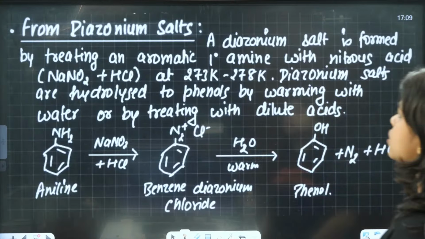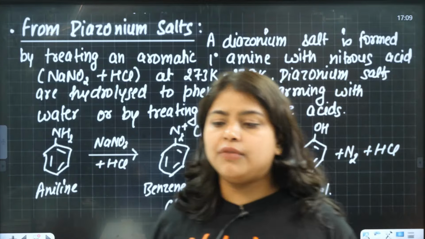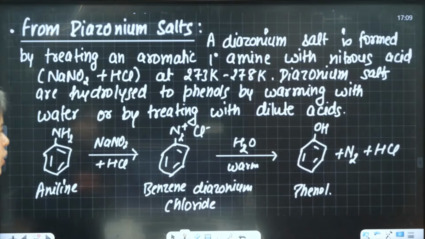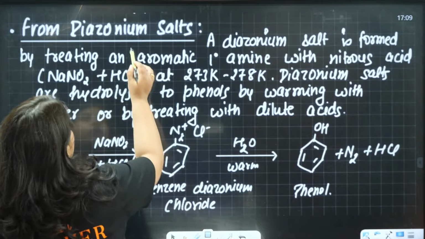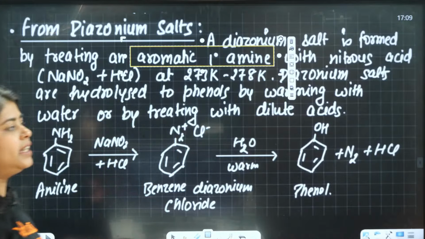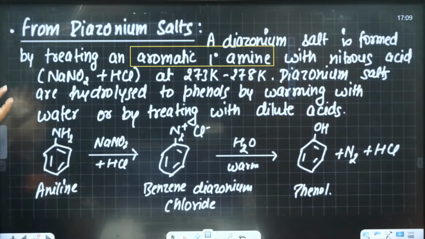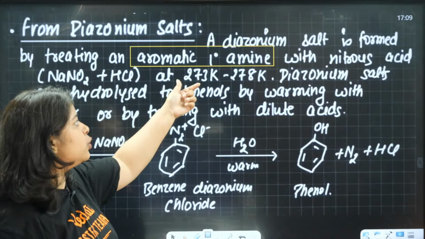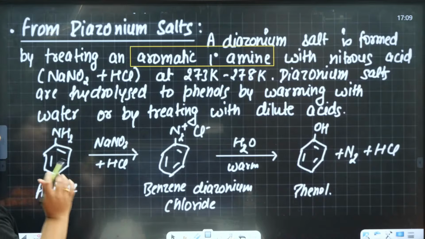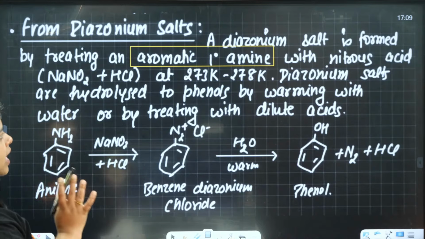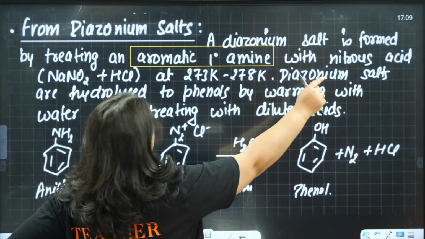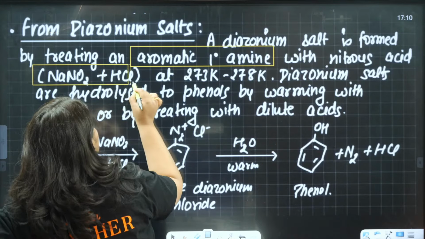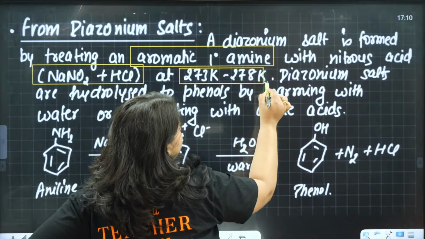Next comes the preparation of phenol from diazonium salts. They ask this kind of question, so concentrate. A diazonium salt is formed by treating an aromatic primary amine with nitrous acid, that is NaNO2 plus HCl at 273 Kelvin to 278 Kelvin.